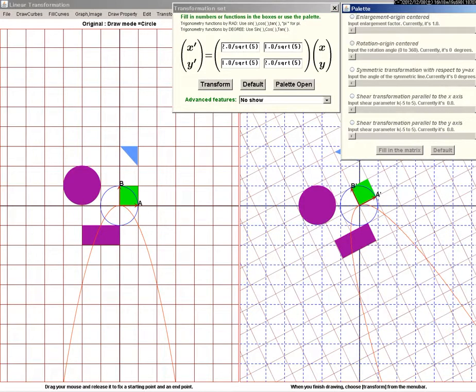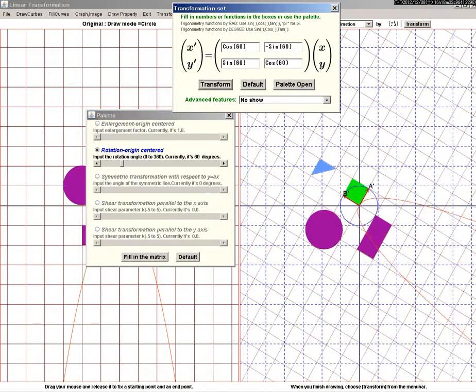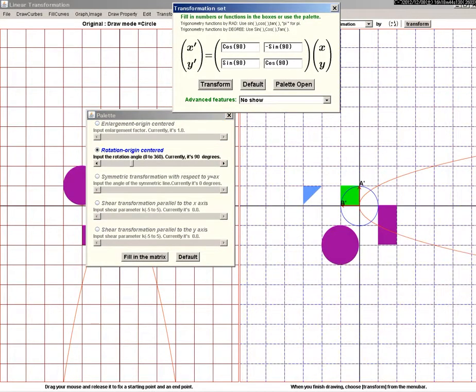So let's open the palette. This is a rotation matrix. Angle is 60 degrees, and transform. This is 90 degrees rotation, and transform.